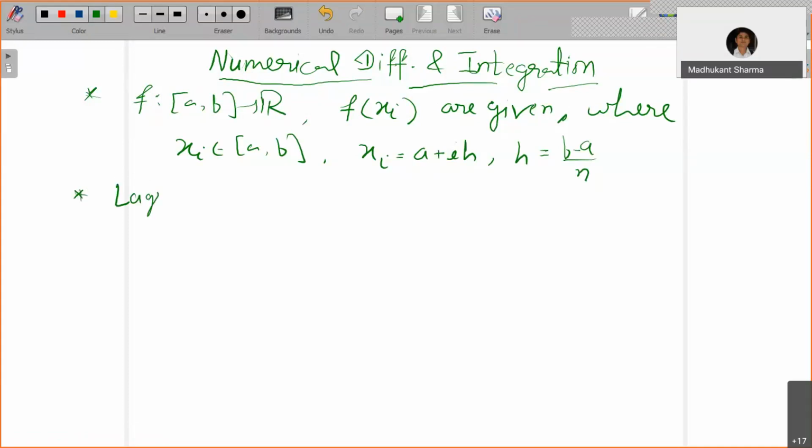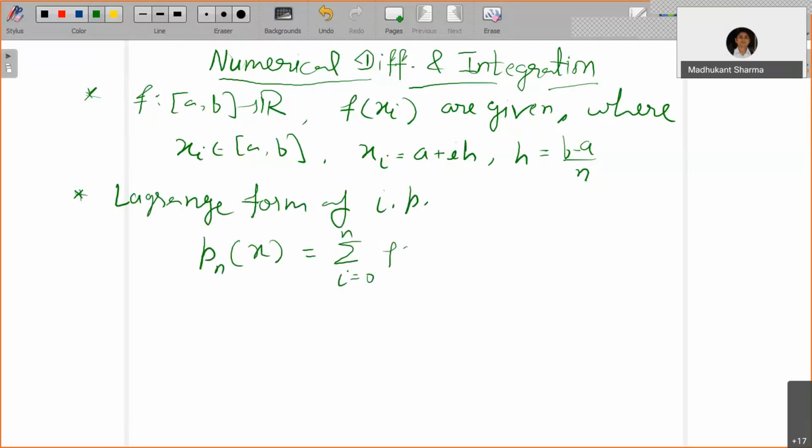Pn is a polynomial of degree less than or equal to n, which is given by the summation i equals 0 to n of f of xi times li of x.